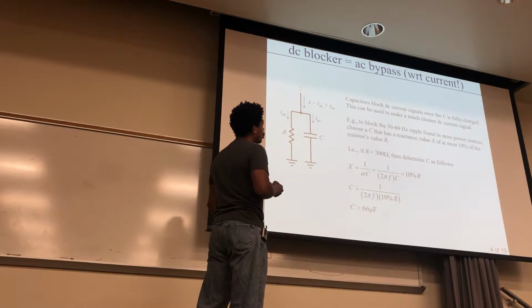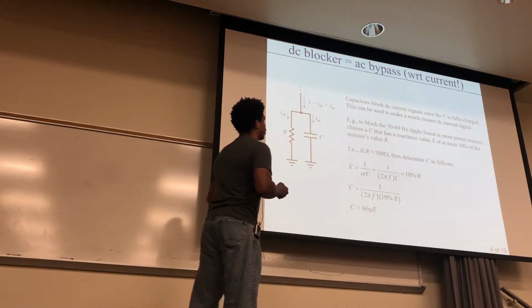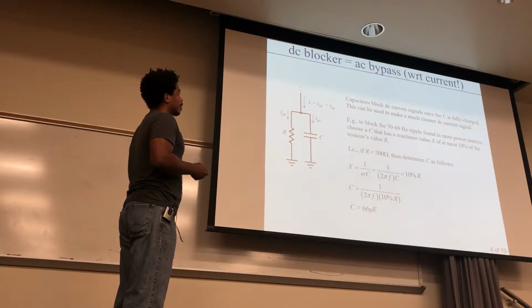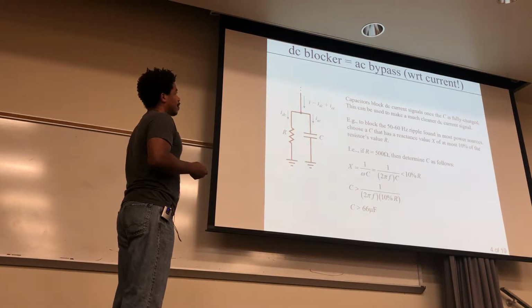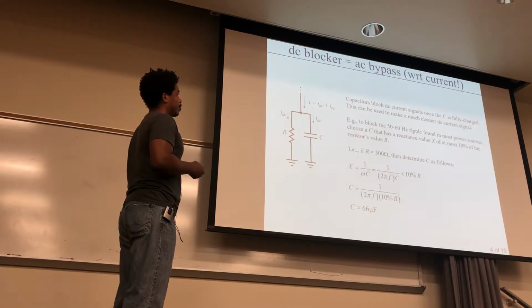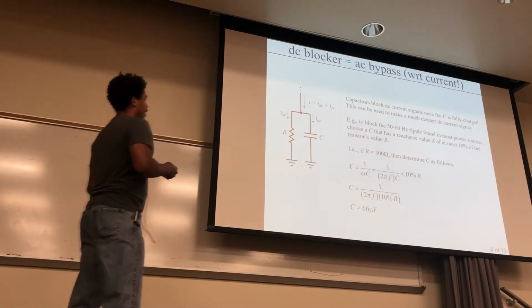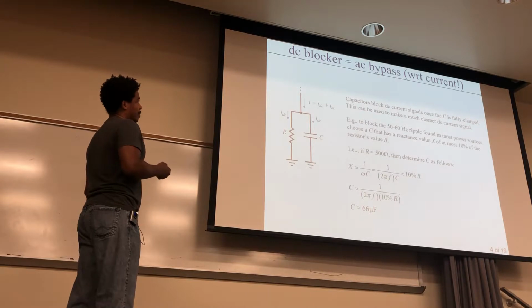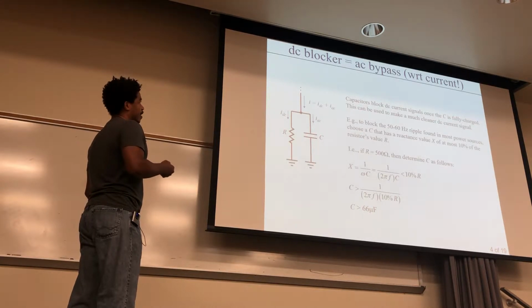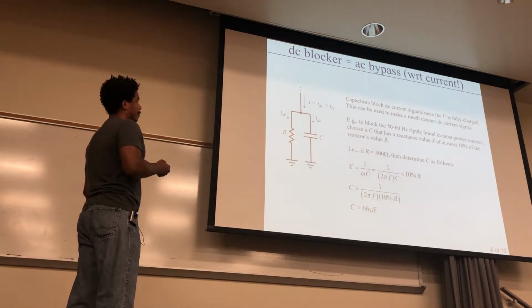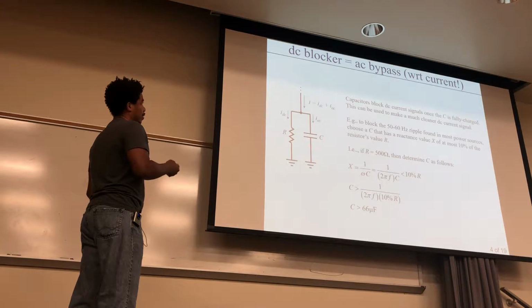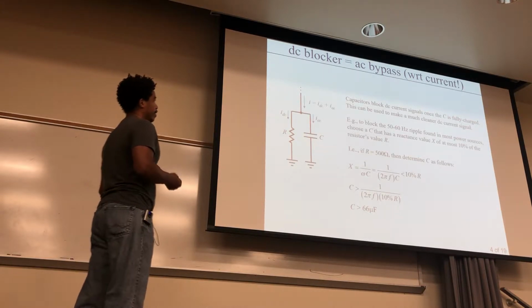What you do is you choose your capacitor such that the reactance is at most 10% of the resistor's value. Whatever this resistor value is, a good rule of thumb is if you make the reactance 10% of that, then the DC component will go this direction, and you'll get rid of that AC component.